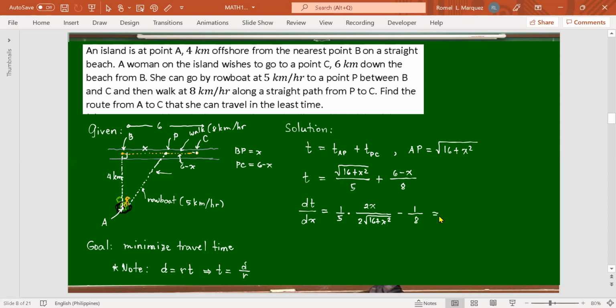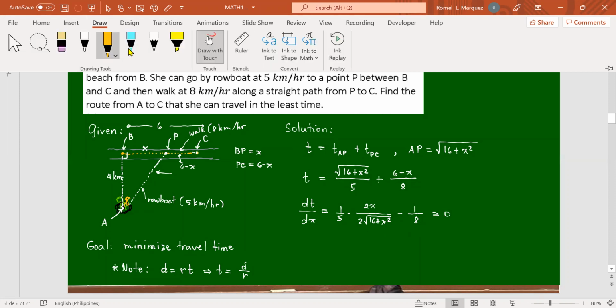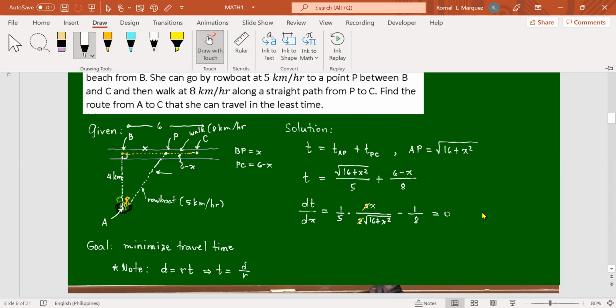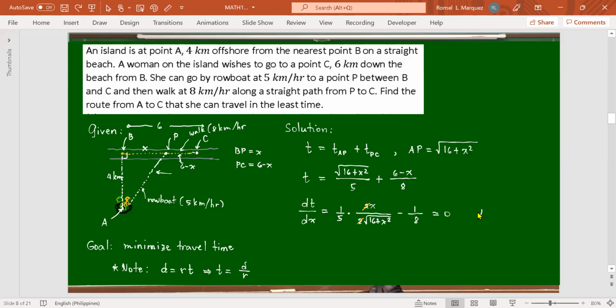And equate to 0 because you want the critical number. And this is cancelled out. Multiply by what? What is our multiplier? Multiply by 40? 40 ba? Times square root. Am I correct, guys?